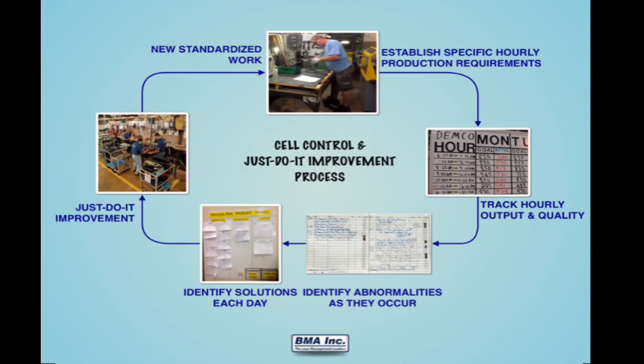So that's the cell and process control system that is used by lean companies, and this applies everywhere. It doesn't apply just in a factory. Now, every process in the organization needs to have this kind of visual management and continuous improvement being done by the people that work in that area.